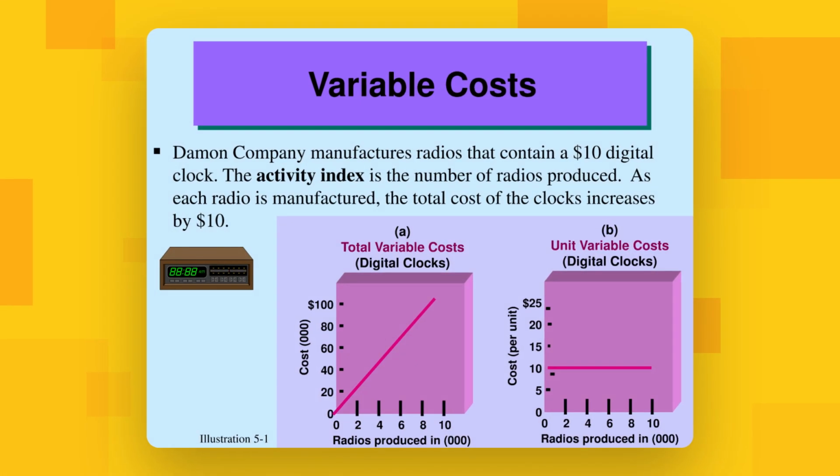So, if you notice, if Damon Corporation manufactures radios and each contains $10 of digital clock, the activity index is the number of radios. For example, please take note of your total variable cost, di ba? Ano nangyari? The cost will increase as radios produced increase, while the variable cost per unit will remain the same. Alright.